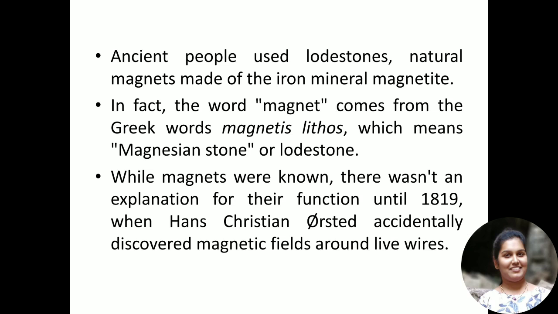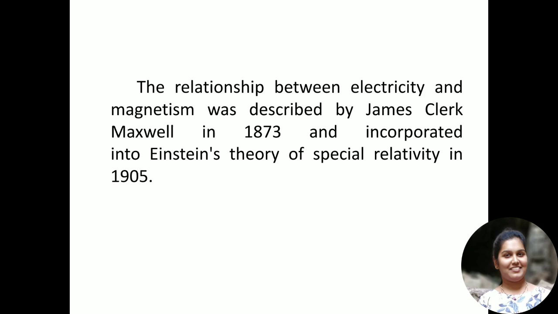Later on, the relationship between electricity and magnetism was discovered by James Clerk Maxwell in 1873, and it is incorporated into Einstein's theory of special relativity in 1905.